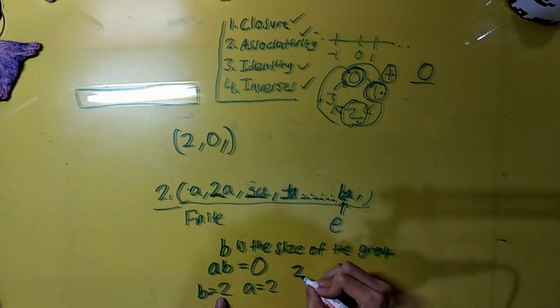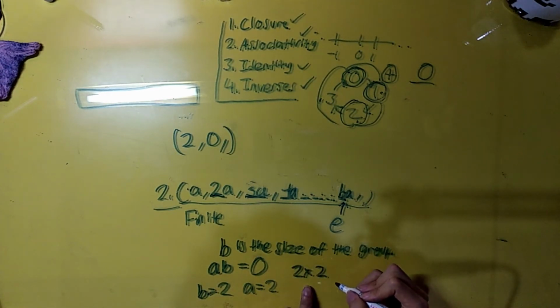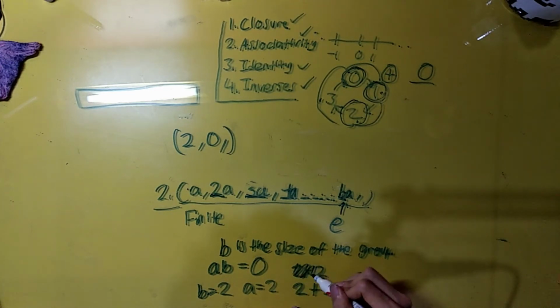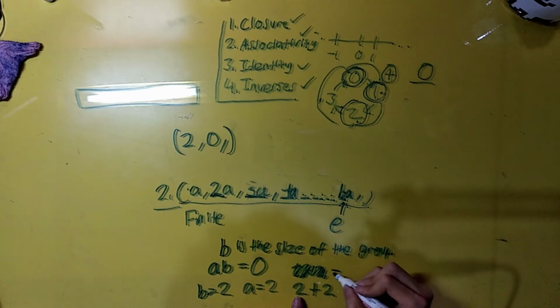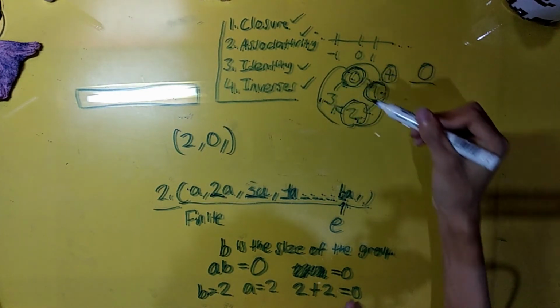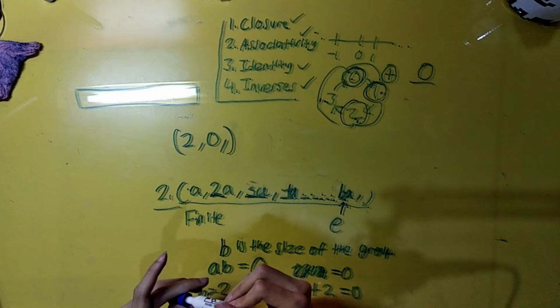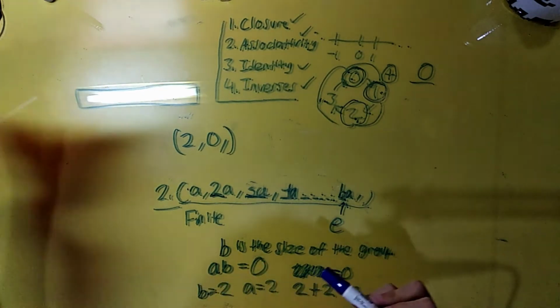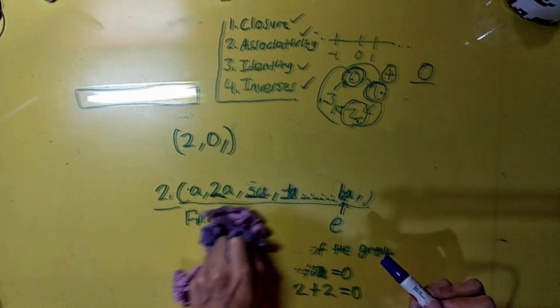That means that 2 times 2 is the same as 2 added with 2. Yeah, that's the same thing. 2 times 2 is equal to 0, therefore 2 plus 2 is equal to 0. That's what this rule says. Is this true? 2 plus 2 is equal to 0. Yeah, it appears to be true. Cool. Let's try to generate a different group.